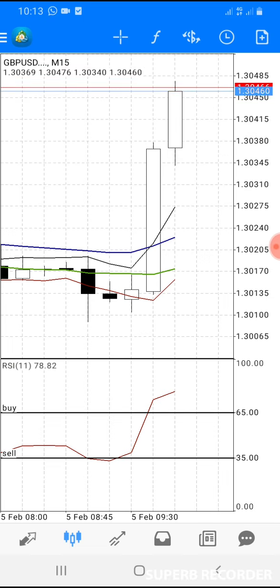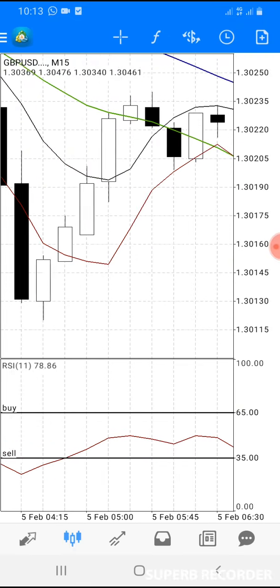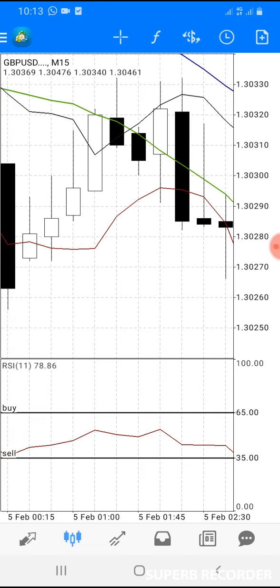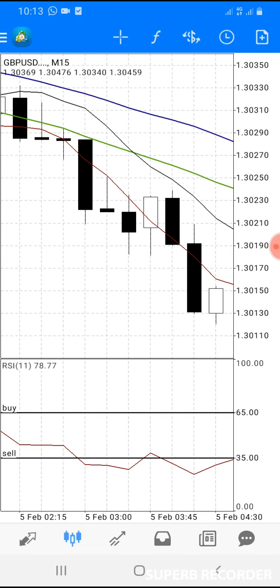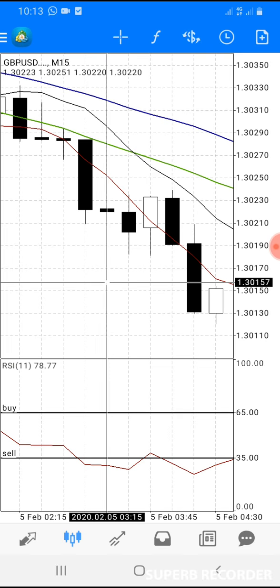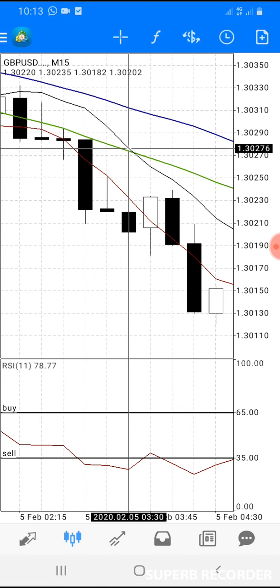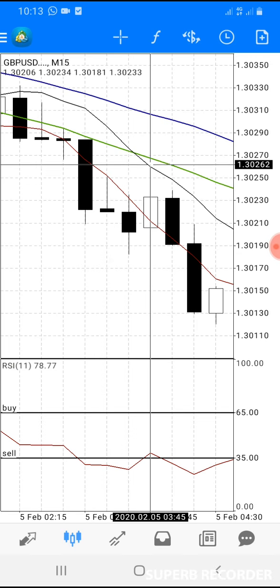Okay, so let's look for a sell example. It's basically the reverse of the buy. Yeah, we have a sell setup here. Your simple moving average with period 5, applied to high here, has to cross below the simple moving average with period 20, applied to low, which is the green one here.